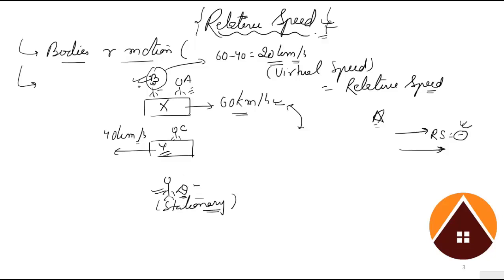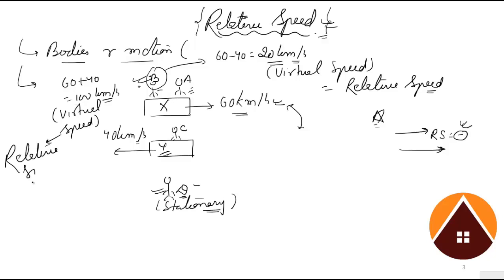However, if I ask B at what speed was car Y going, then B will tell car Y is going at 60 plus 40, that is 100 km per hour. Again, this 100 km per hour I say as the virtual speed, or this is the same thing as relative speed. So this is the feeling of this person B.